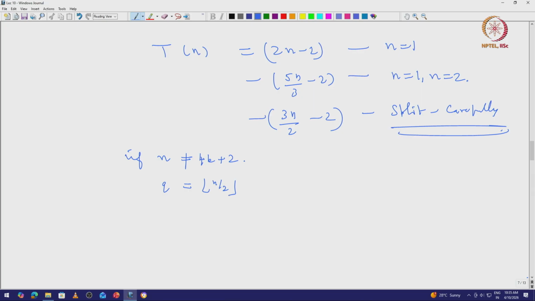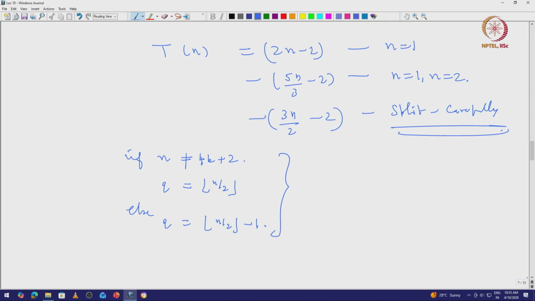If n is not of this form, q equal to, this is a split point, q is the split point. If n equal to 4k plus 2, else, q equal to floor n by 2 minus 1. Okay? So, this is how the split point is defined.